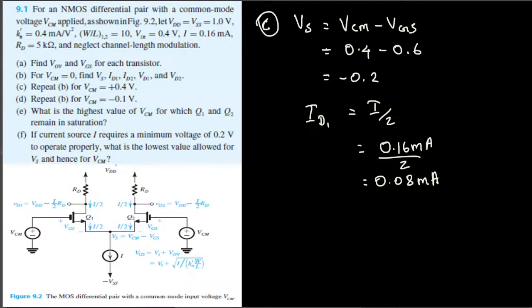Another way is to apply this equation, which also mentions I over 2. Either way, ID1 is equal to ID2. Therefore ID2 is also 0.08 milliampere.